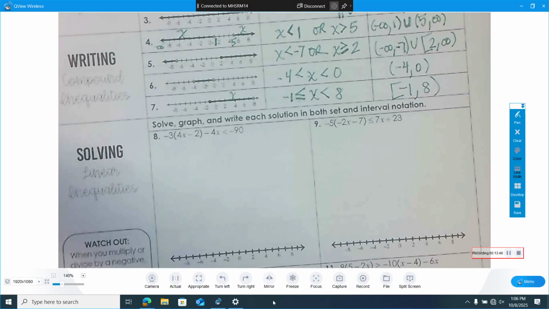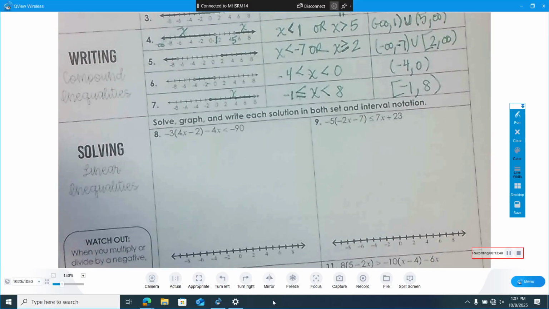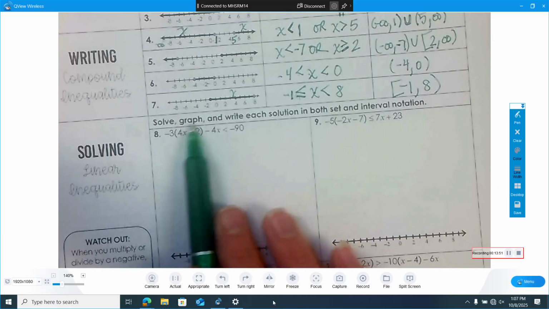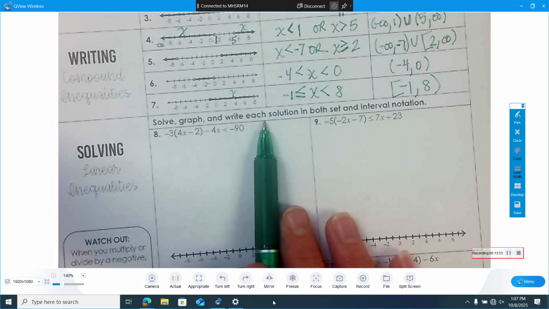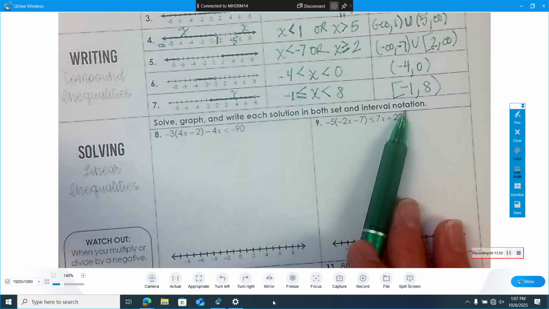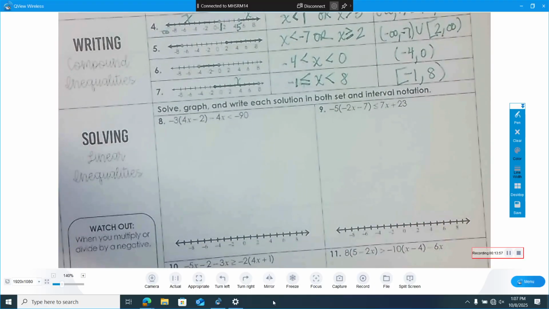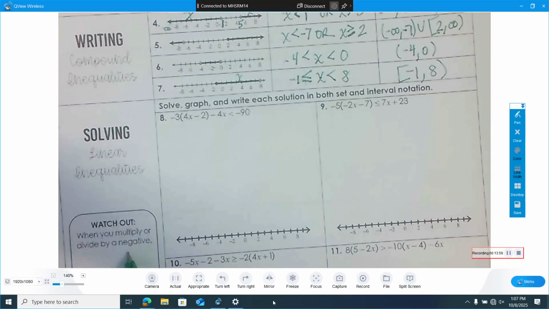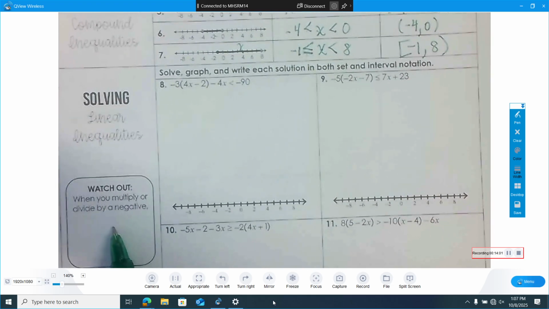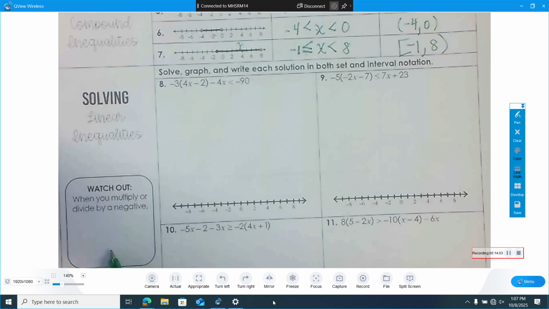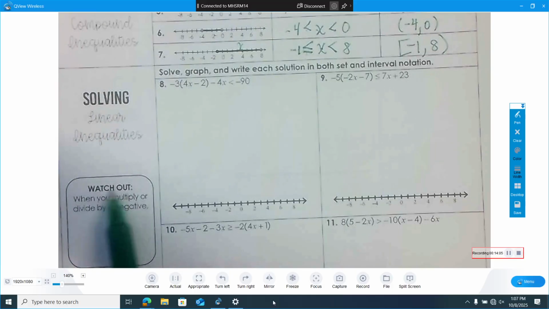All right, so we are going to solve, graph, and write each solution in both set and interval notation. With inequalities, we know how to solve equations. It's very, very similar, but you have one thing you have to watch out for.